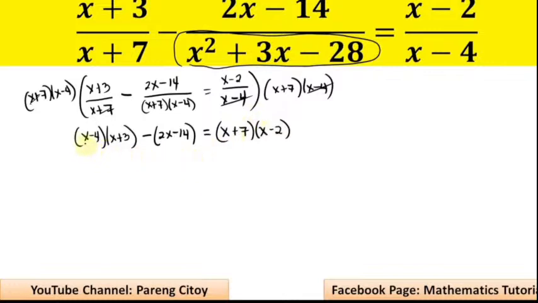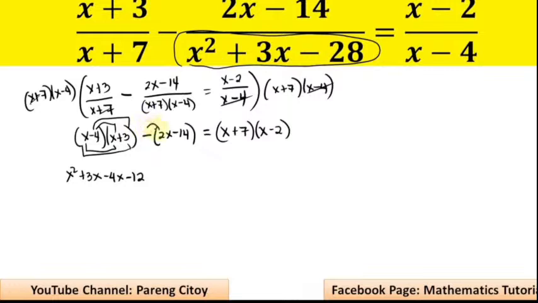Then simplify natin, so magiging x squared plus 3x, then ito magiging negative 4x, then negative 4 times 3, that is negative 12.